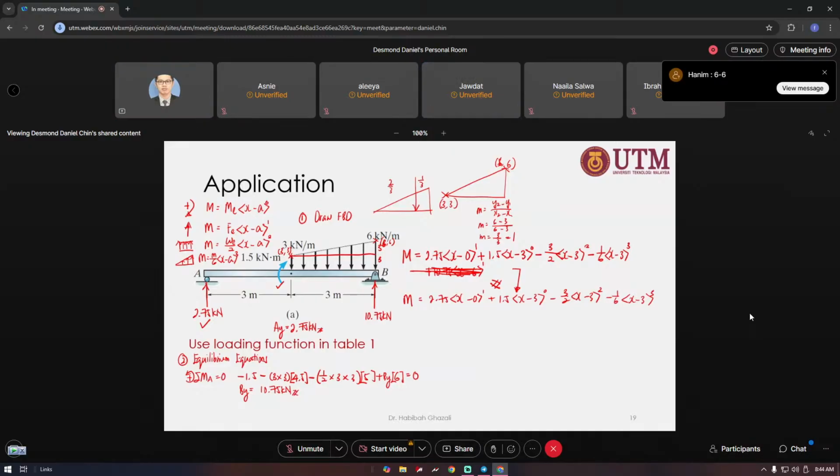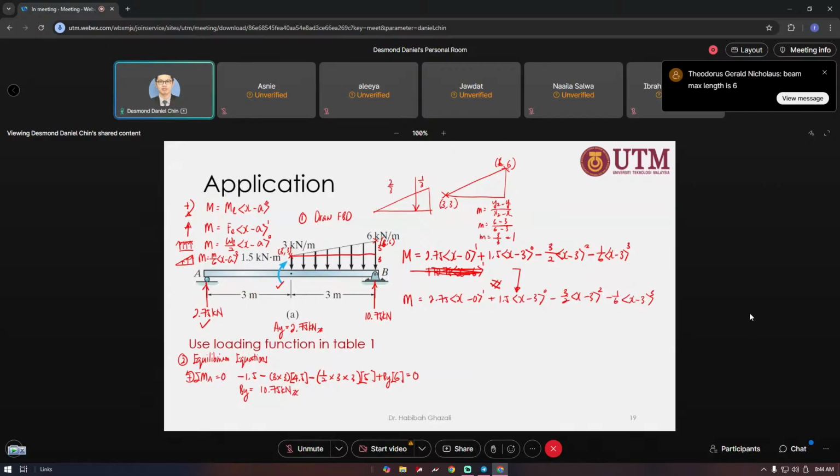Why can I delete that part? Okay, 6 minus 6 equals 0. Almost a full answer, but I want a full explanation. Why? The beam max length is 6.